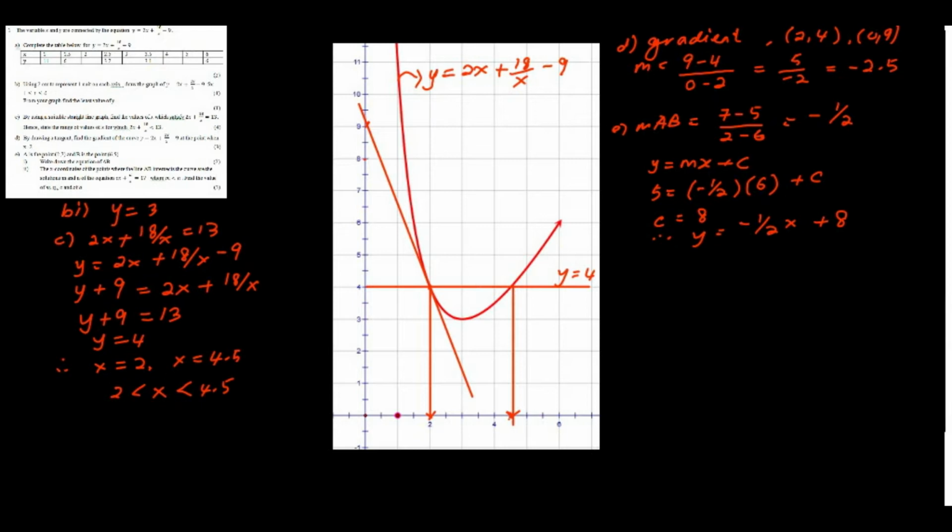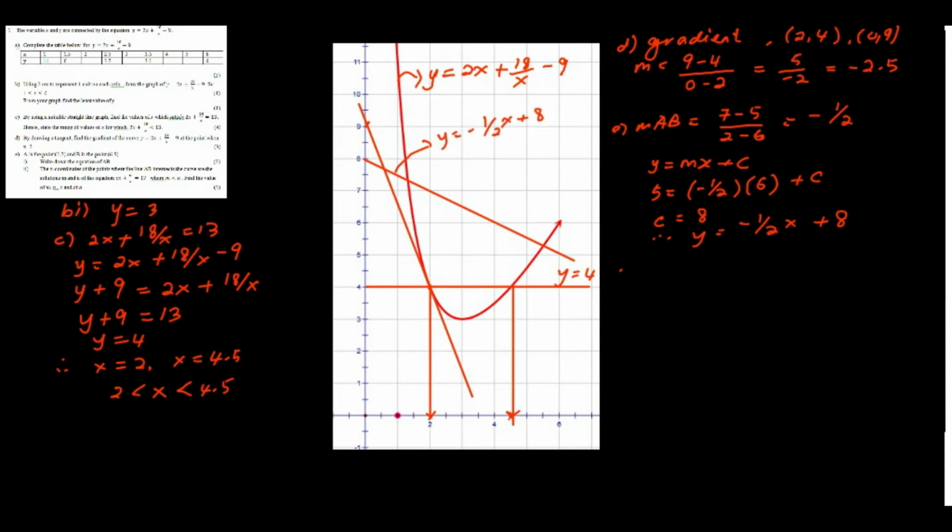I take the y-intercept as 8, so it will go to (5, 5.5), (6, 5). So this is the graph y equals negative half x plus 8.